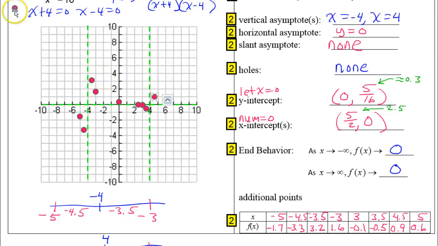Okay, and finally 5, can I get this point? Come on, little guy. 5 is at 0.6, so that's a little bit lower.